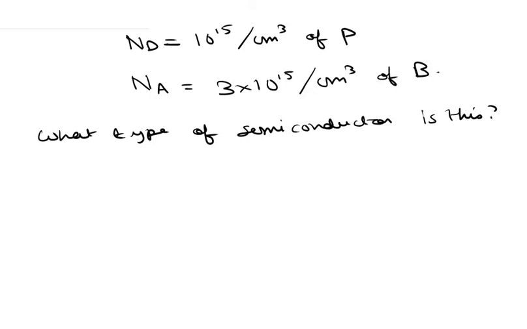So we have a higher concentration of acceptor type impurities compared to donor type impurities. So this semiconductor is a p-type semiconductor because we have more acceptor type impurities compared to donor type impurities.